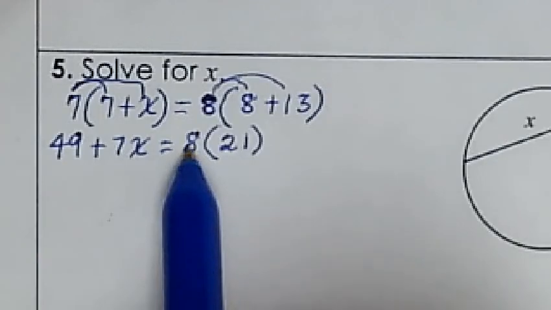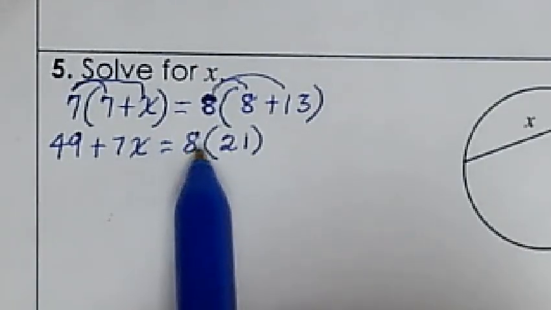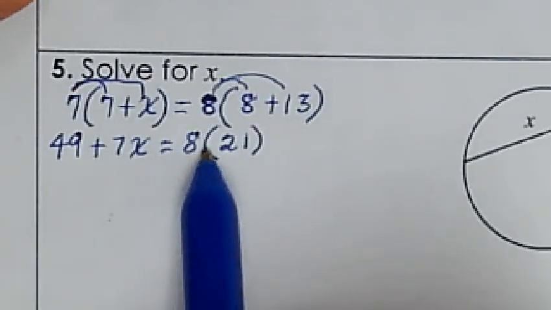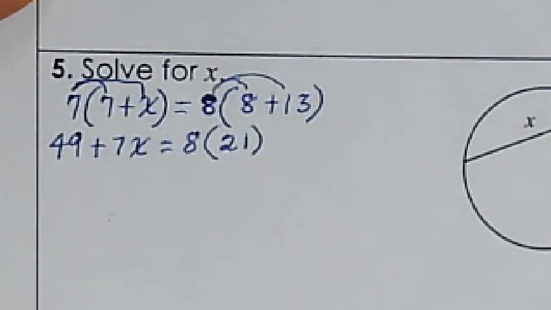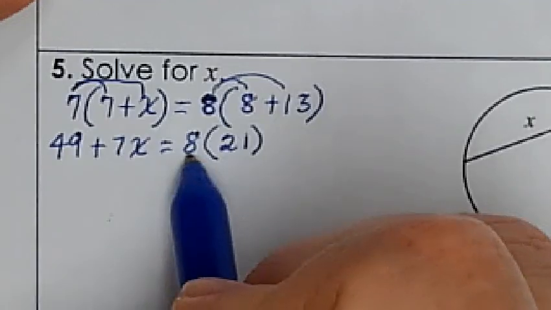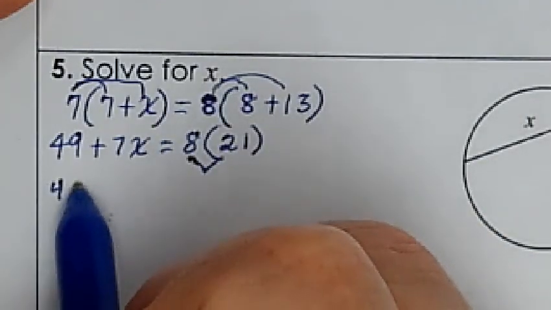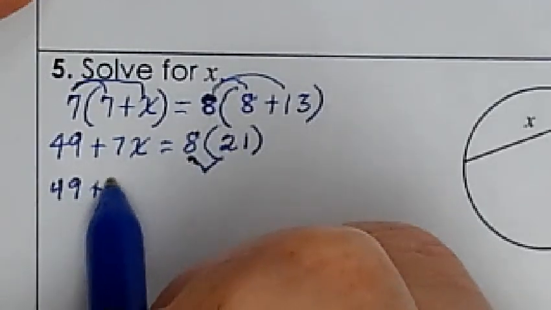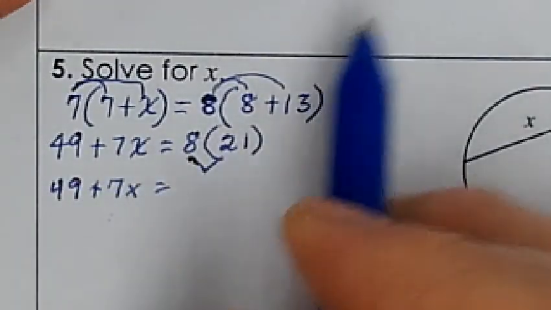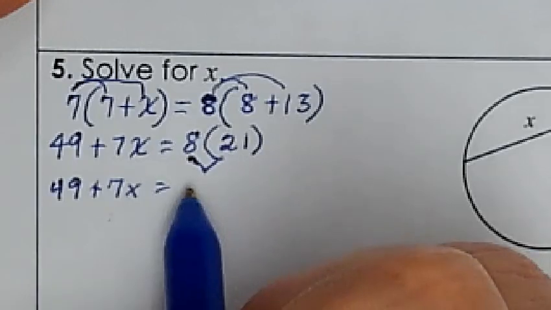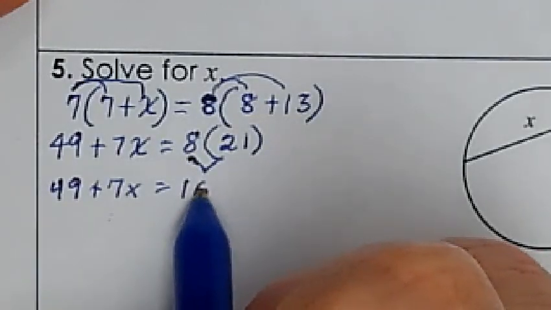So you grab your calculator, and 8 times 21 is 168. Did that answer your question about multiplying?